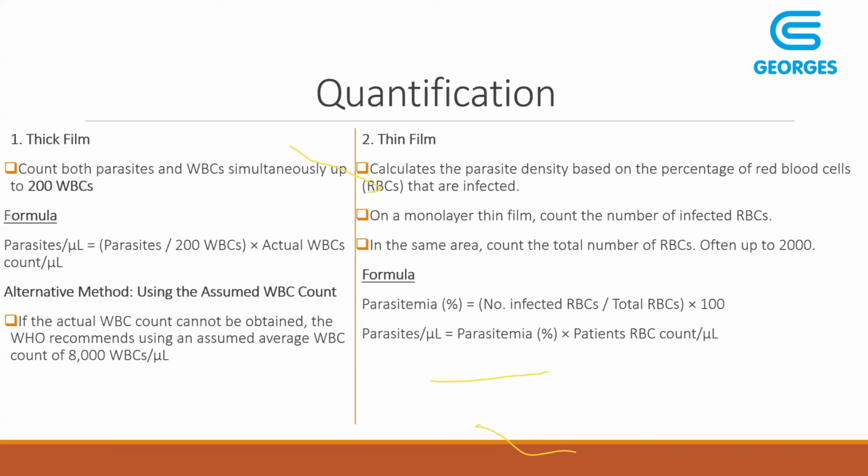So the formula to get the percentage parasitemia is the total number of infected RBCs over the total number of RBCs counted, that is 2,000, and then you multiply by 100. This gives you the parasite density as a percentage. To get the parasite density per microliter of blood, you multiply the parasitemia times the patient's RBC count from a complete hemogram result.